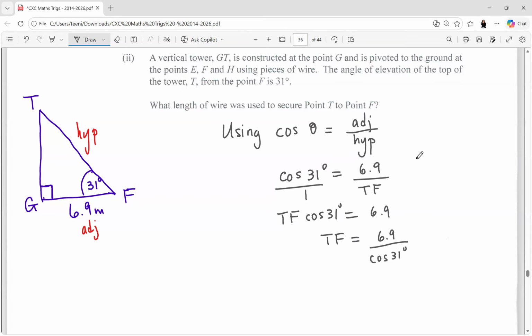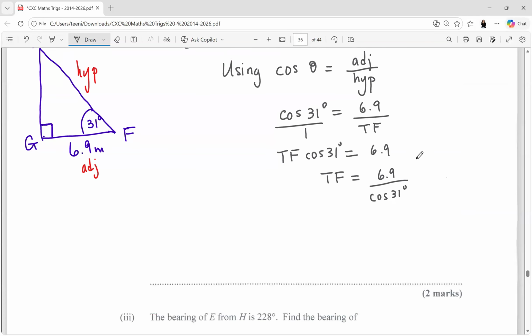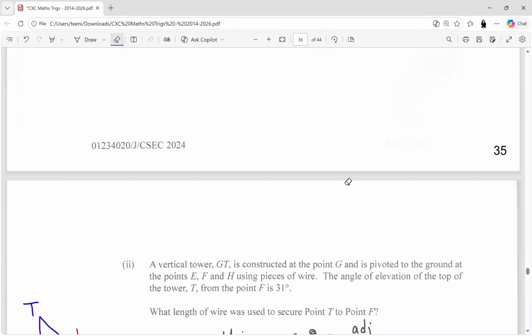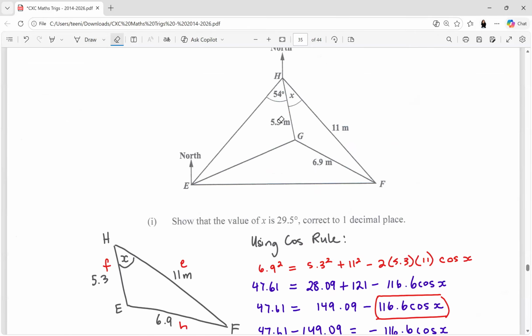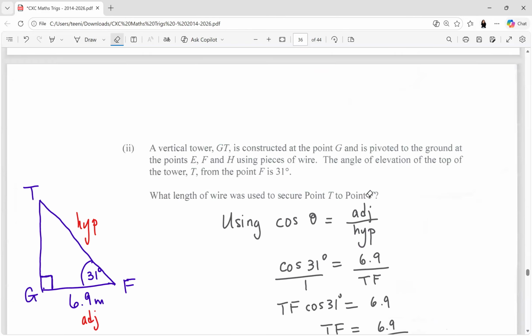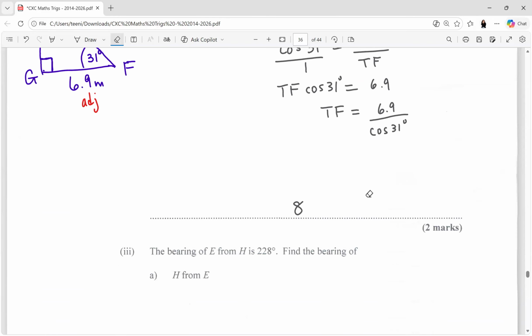You just put that in your calculator. 6.9 divided by cos of 31 is 8.05. We could just say 8 meters. Actually, we'll do 1 decimal place since everything given is 1 decimal place, so it'll be 8.0.